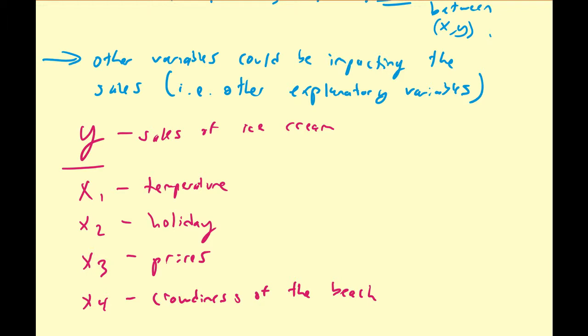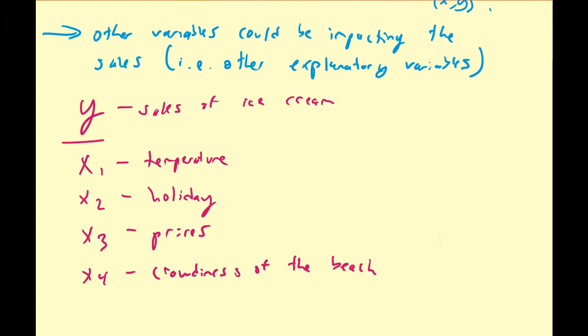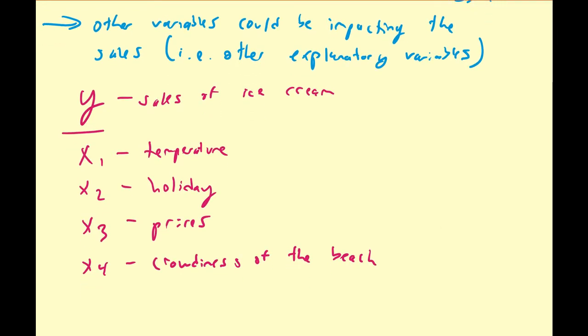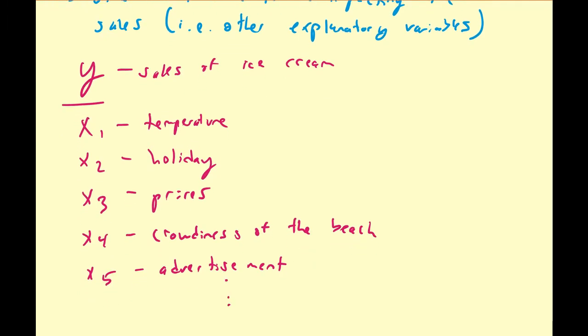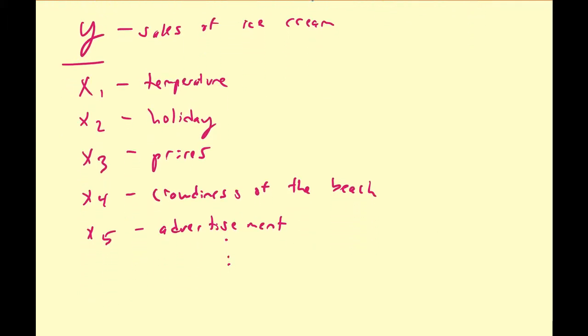Or crowdedness of the beach might imply popularity, so that may attract more people and cause the sales of ice cream to increase. Who knows? X5, advertisement, may also be contributing to the sales of ice cream, so more advertisement may bring in more customers, and so on, to this study.